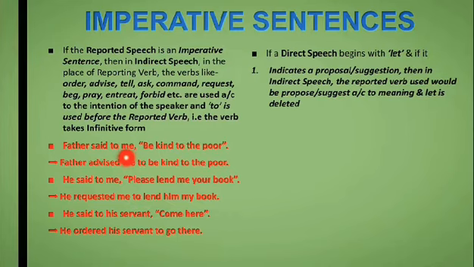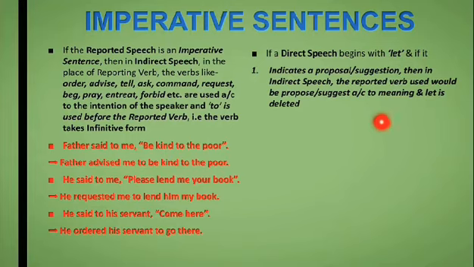Just as we understood the mood of the sentence here, in this case also we will understand the mood of the imperative sentence. So according to that, the sentence will start with let, for example, let us go to the shop, let us go for a morning walk. These kinds of sentences also come under the imperative sentence section.